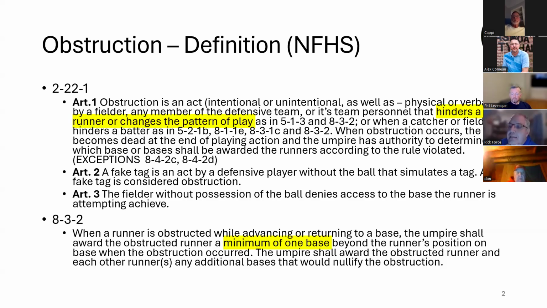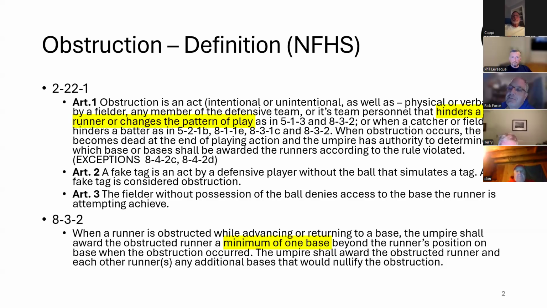But to our conversations from yesterday about having good timing and processing things, my recommendation would be, if you're processing and using proper use of eyes, and you see the runner as safe, even though there was a potential for obstruction, just call him safe. Don't go there with the obstruction.